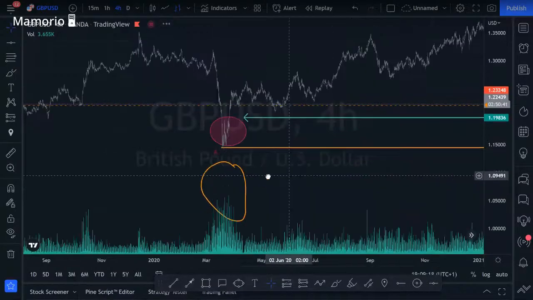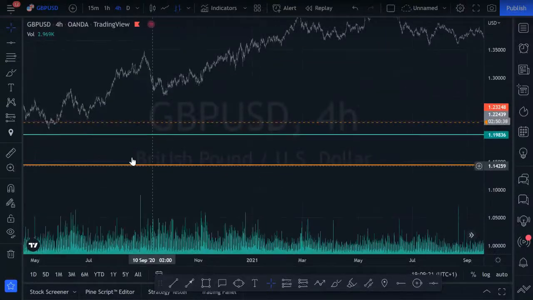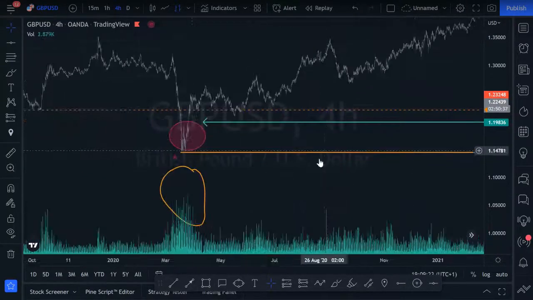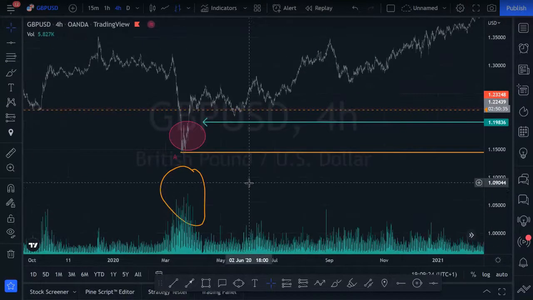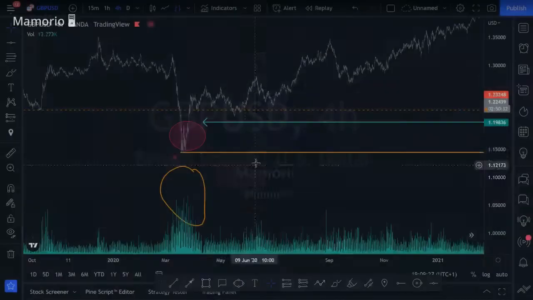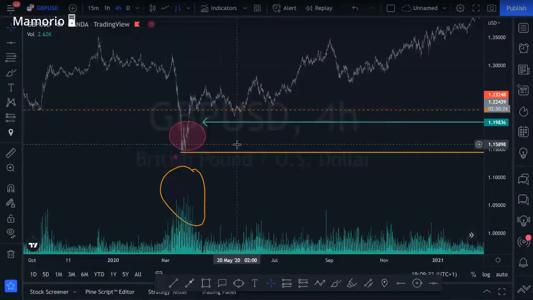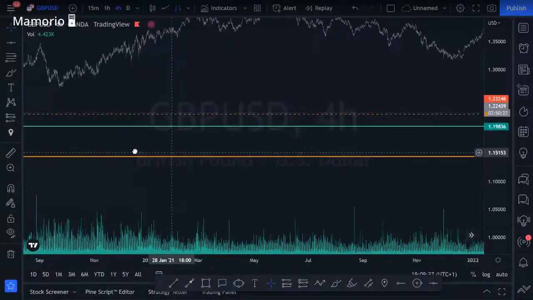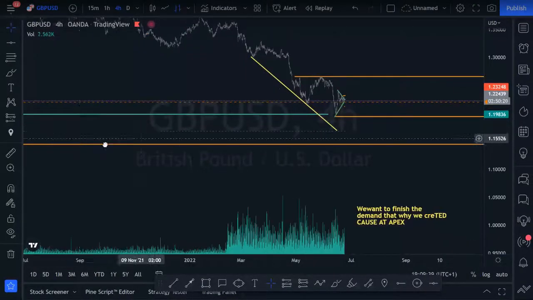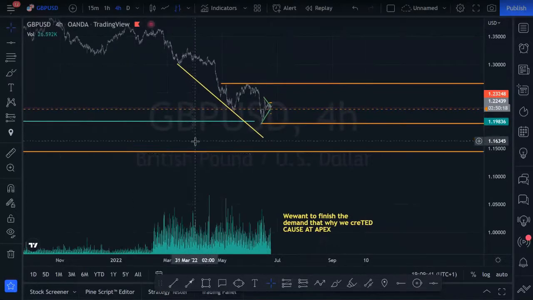As you have noticed, we are in a downtrend, and we need to make sure that we don't have any demand, so that we can have an ease of movement to the downside. So that is the first thing that we note.